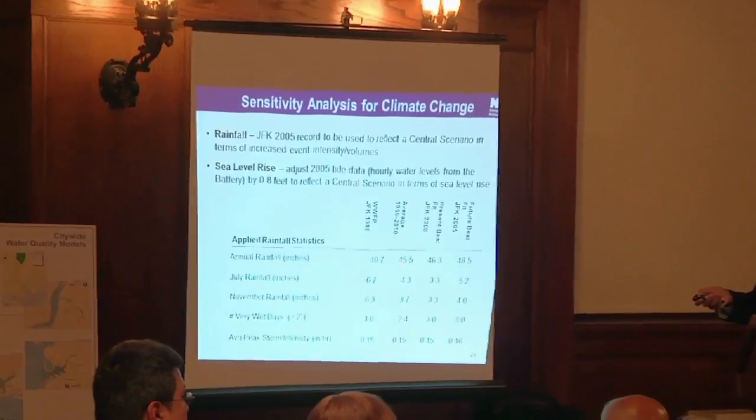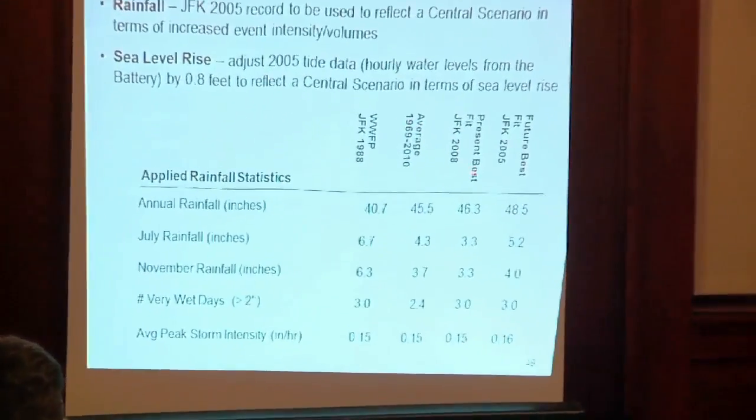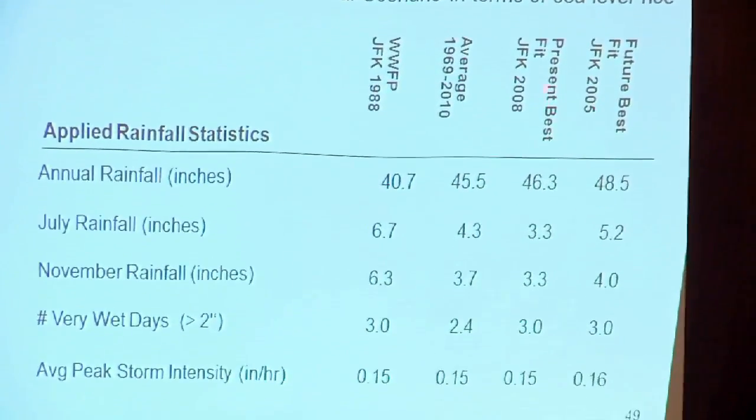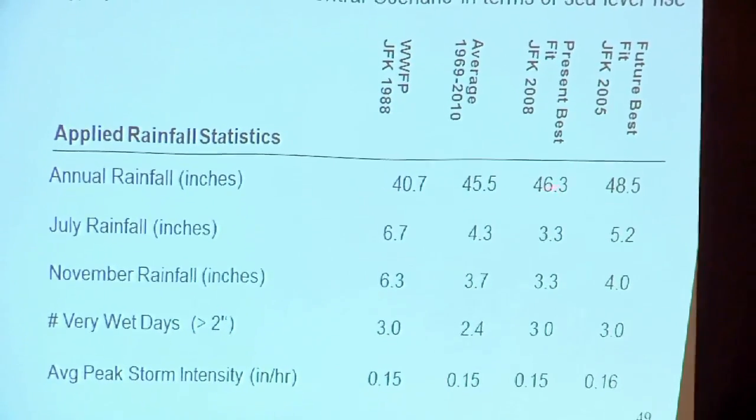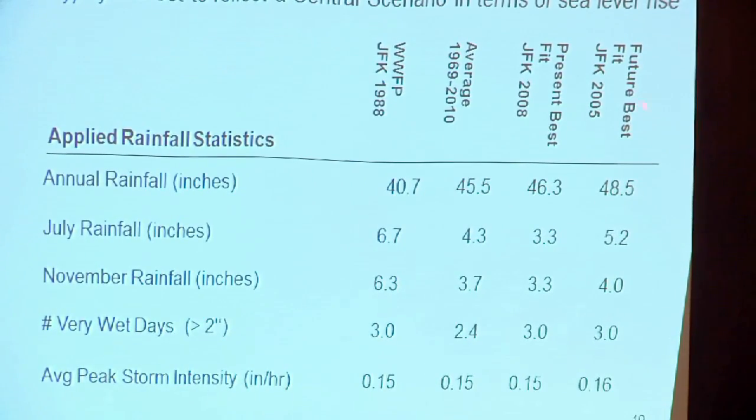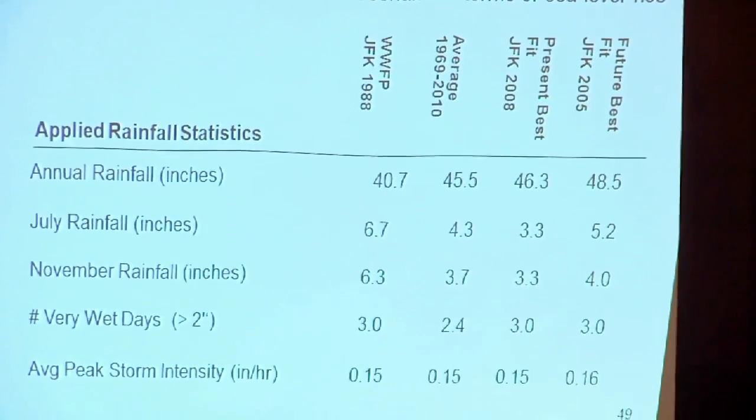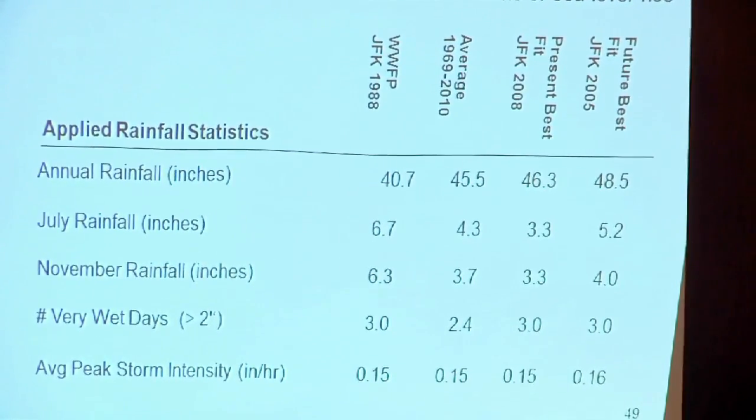But the annual rainfall for 2008, what we chose, is about 46 inches, and 2005 gives that central scenario of close to a 10% increase in the volume. Similarly, you will see the intensity to be a little higher also.